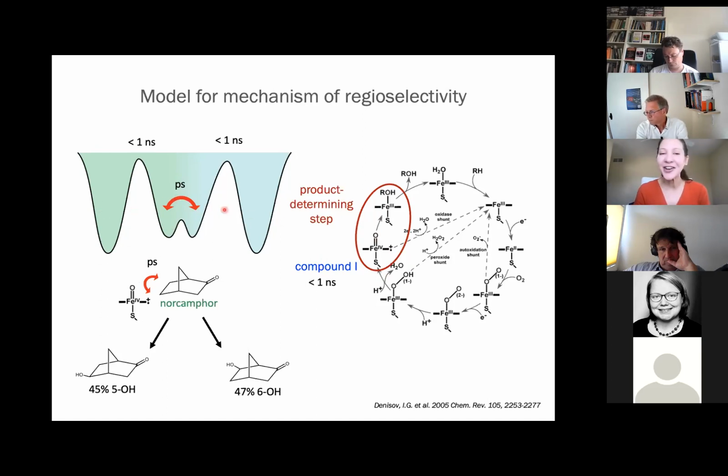So we kind of have a Curtin-Hammett sort of mechanism where we saw 50-50 populations. So these energy levels would be at the same spot, and they'd have about equal free energy of activation, leading to producing about equal amounts of the 5-hydroxy and 6-hydroxy products. In the end, this shows that fast dynamics could contribute to the outcome of catalysis.